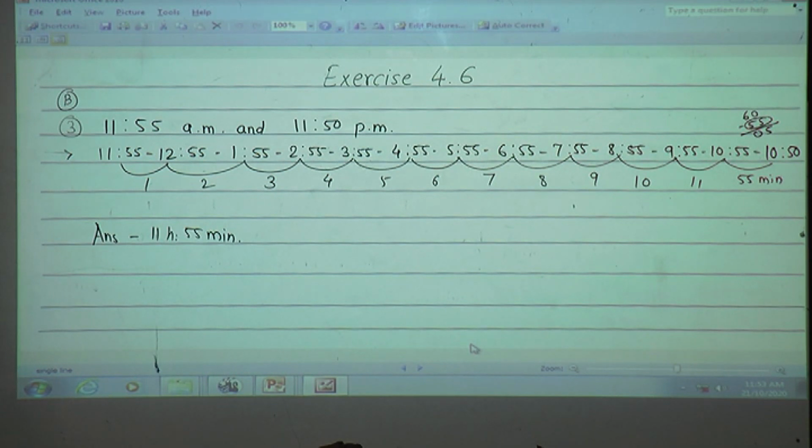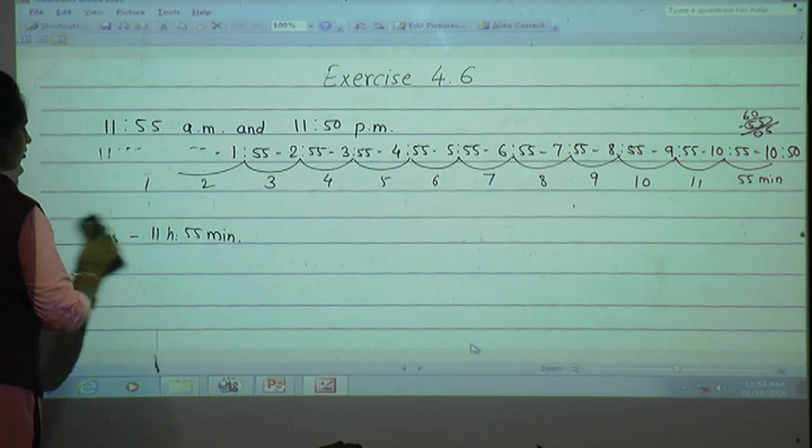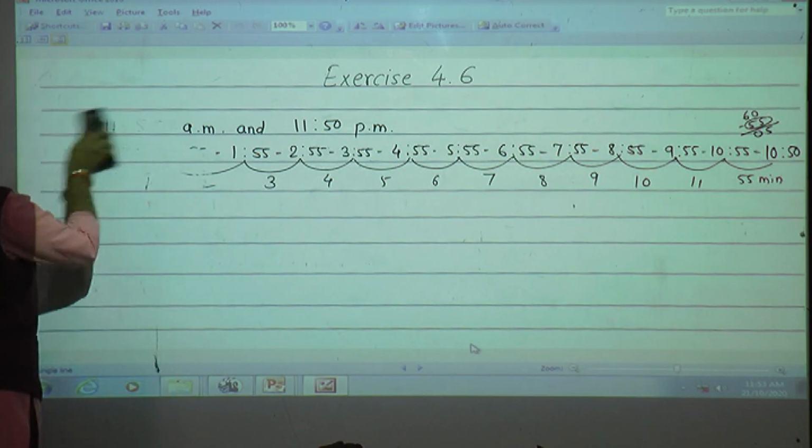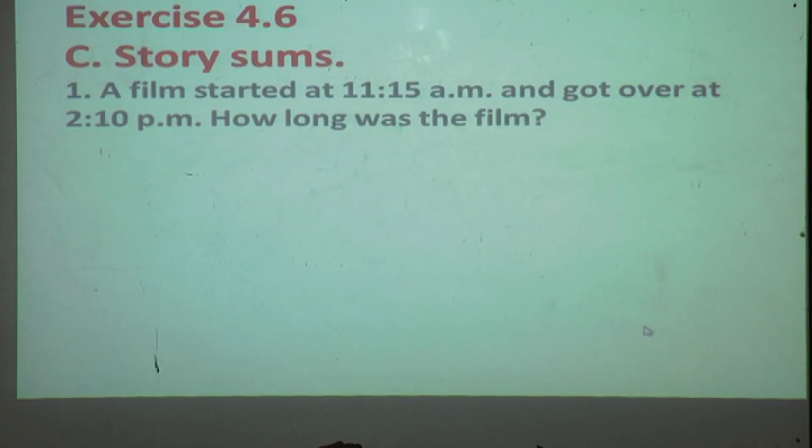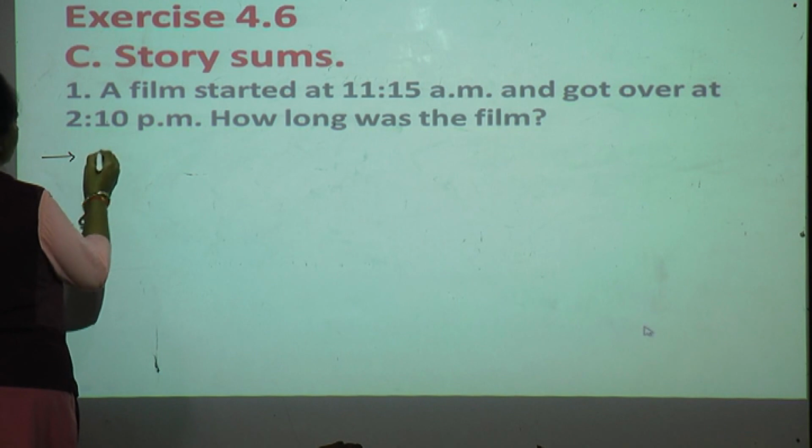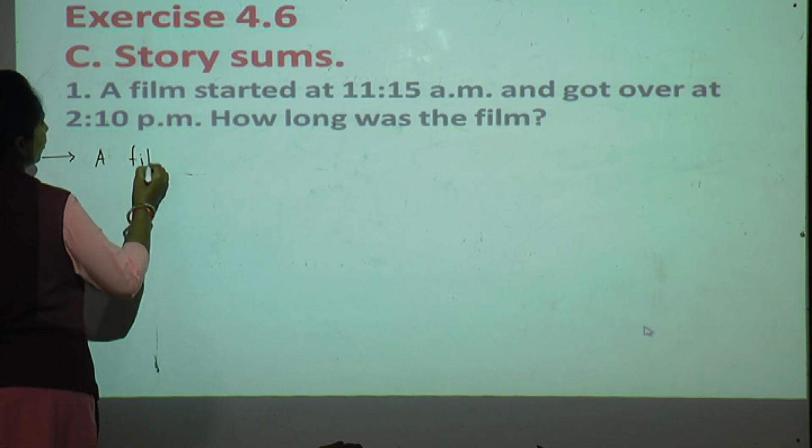Story sums they have given. Read the first question. A film started at 11:15 a.m. and got over at 2:10 p.m. How long was the film? See, we have to find out how long the film was. So the given information is: a film started at what time?